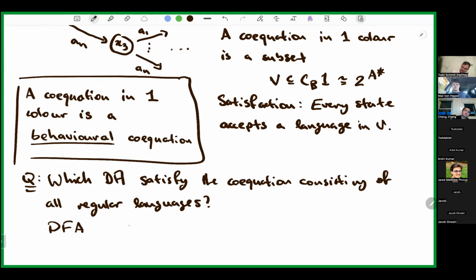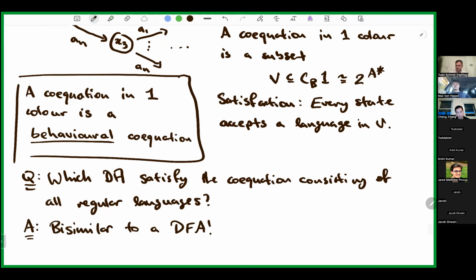So let me write this down here. Answer, due to Chung: bisimilar to a DFA, to a finite one. Good stuff. Okay.